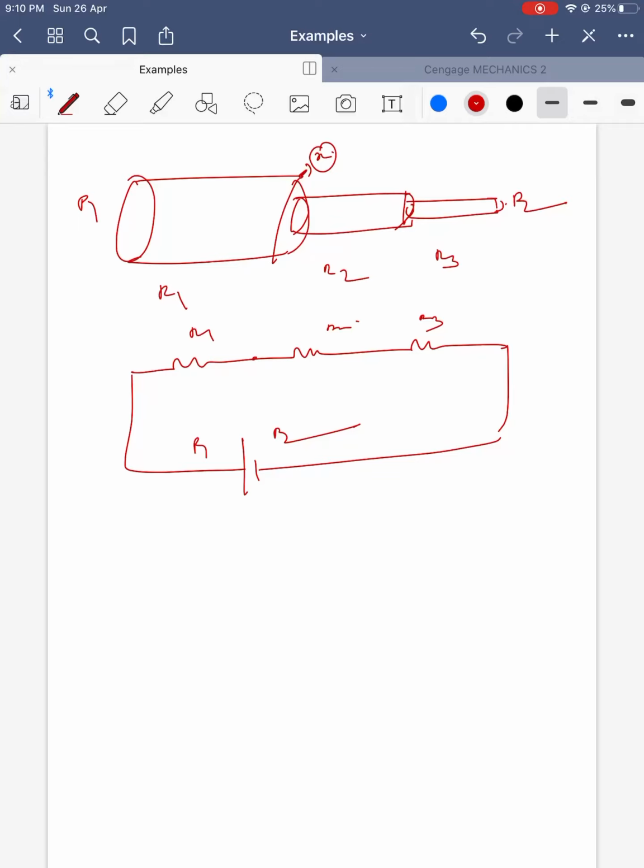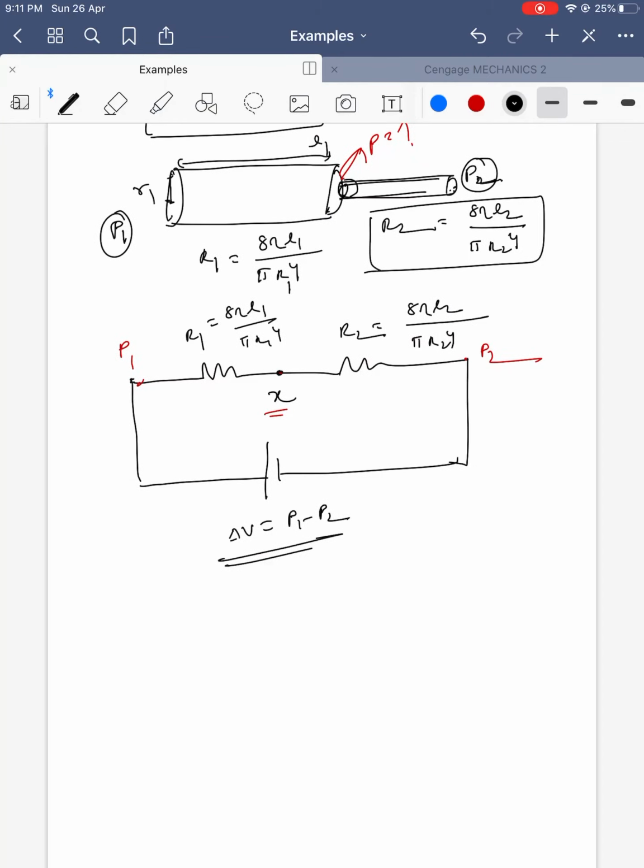In series, remember one most important point: current will be the same. What is the current here? In the analogy, I forgot to explain what current is. Here, current is nothing but volumetric flow rate. I is equal to Q, the volumetric flow rate.